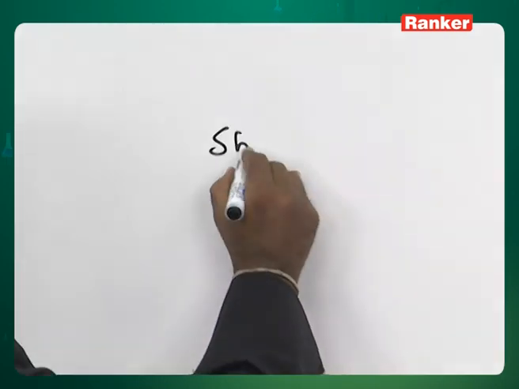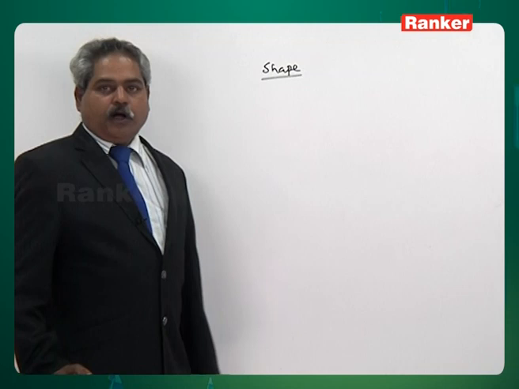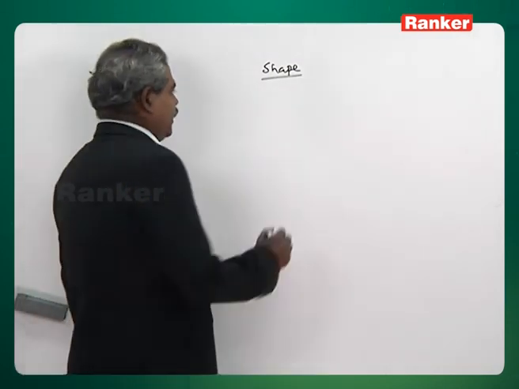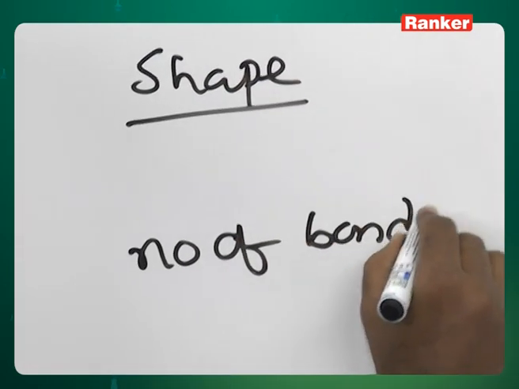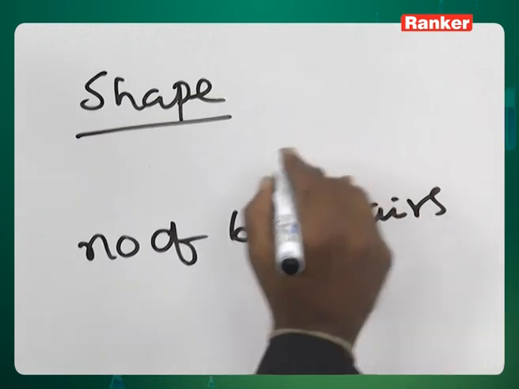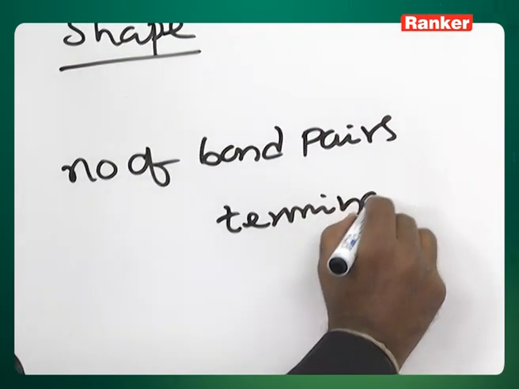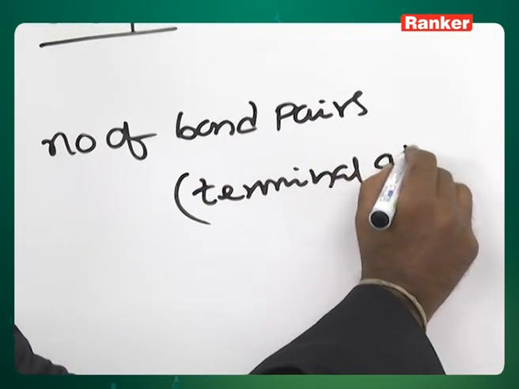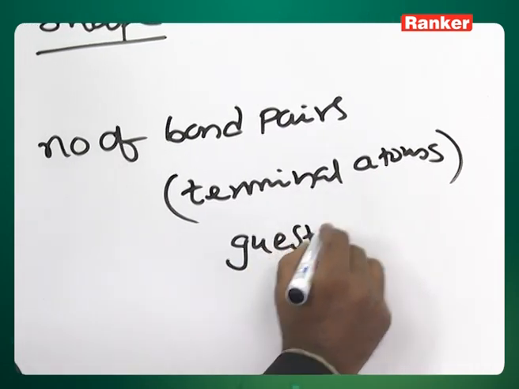Now, shape. How do you find the shape of a molecule? It depends on the number of bond pairs, number of terminal atoms, to be more precise. Number of bond pairs means number of terminal atoms, number of guest atoms.